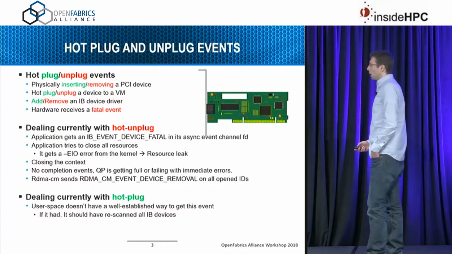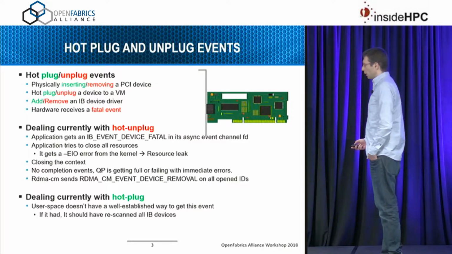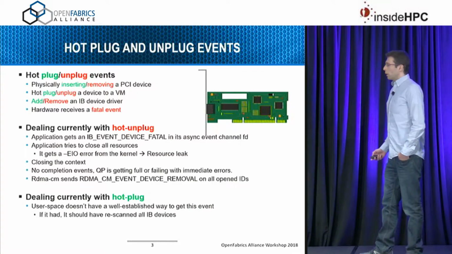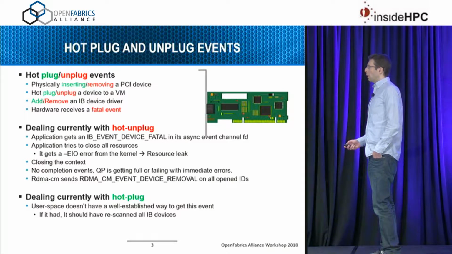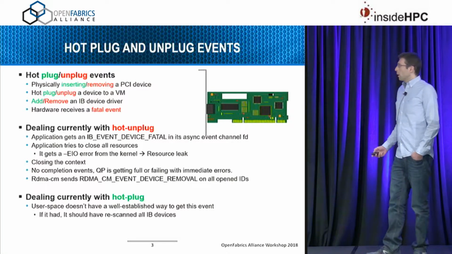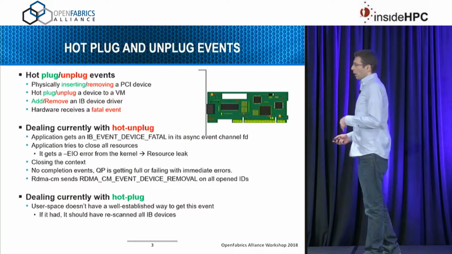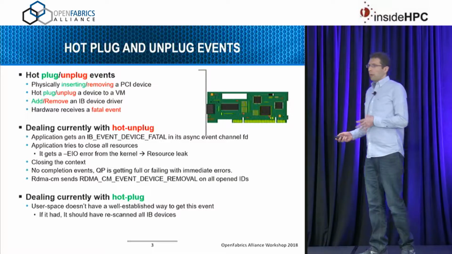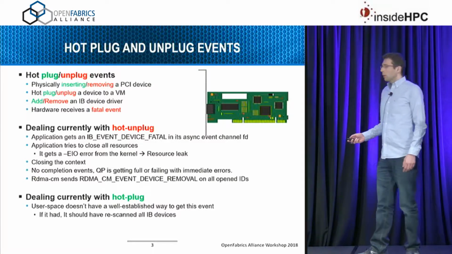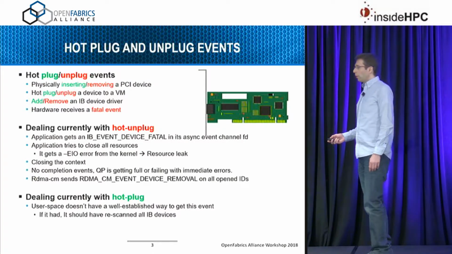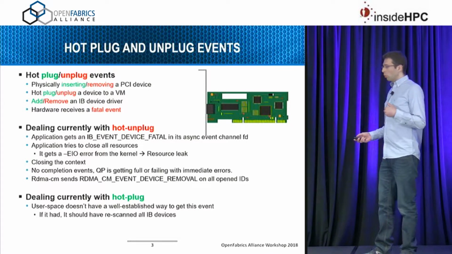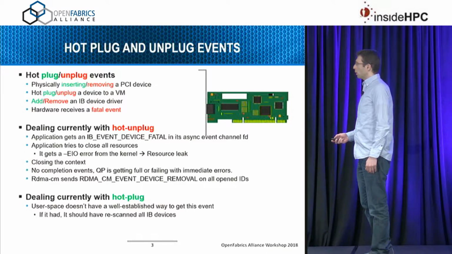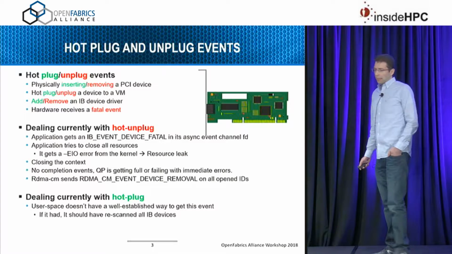So what do we have in the code? If we remove a dev, we actually get a fatal event right now. The kernel will actually kill all the CQs and everything, and from that point on, everything that we do, we will get this error code.